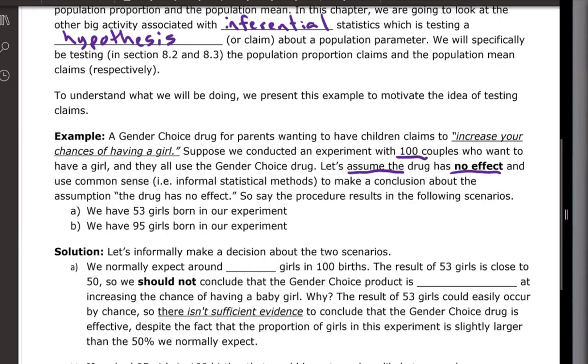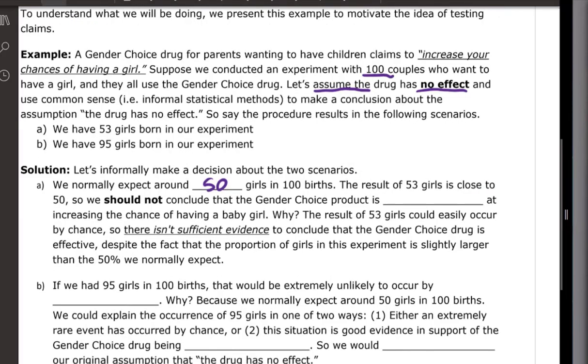Well, 53 is very close to what? 50. And that's the normal expected amount of girls in a 100-birth experiment. You normally expect about half of your children to be girls, half to be boys. The result 53 is close to 50. So we should not conclude that the gender choice product is effective at increasing our chance of having a girl.